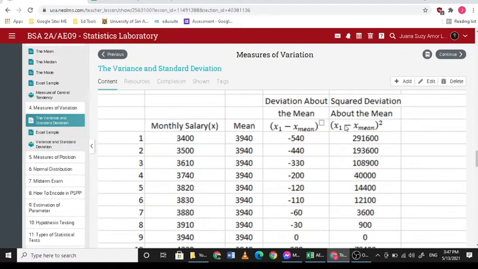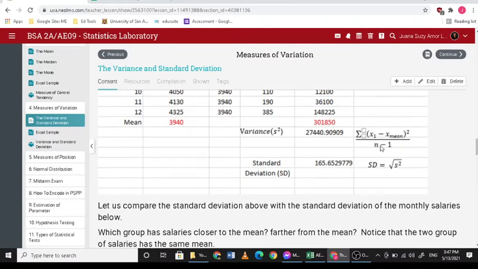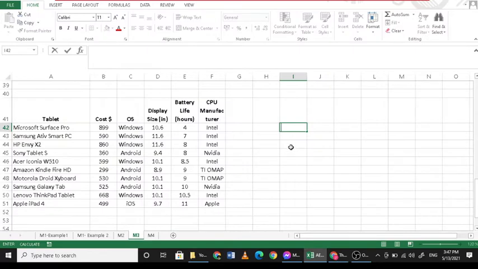For the variance, the formula is the summation of x sub i minus x mean, quantity squared, all over n minus 1. So let's do that first manually.